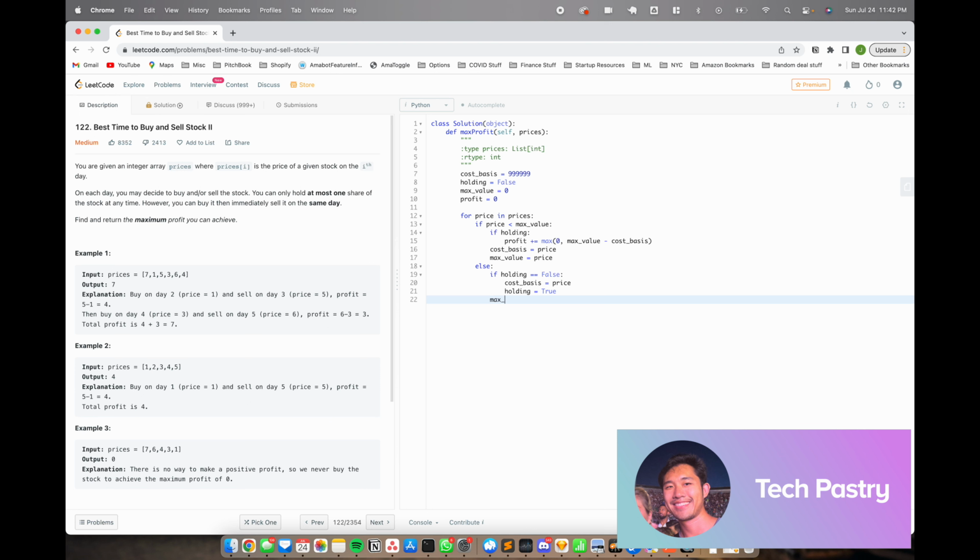And then we want to set our max value equal to the new price. So we want to hold on to the current cost basis because it's the local minimum, and then we want to keep adding the new cost basis onto the max value, and then set holding to false here. So then at the very end, if we're still holding, then we want to add the new profit with our max value minus cost basis, and then return the total amount of profit.